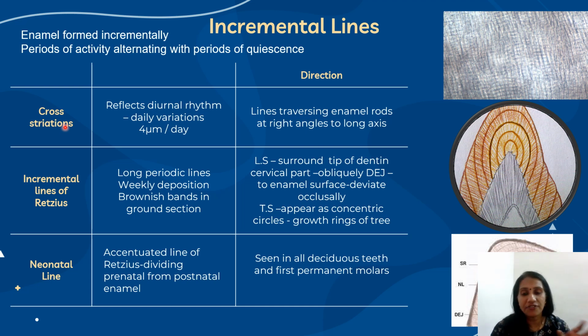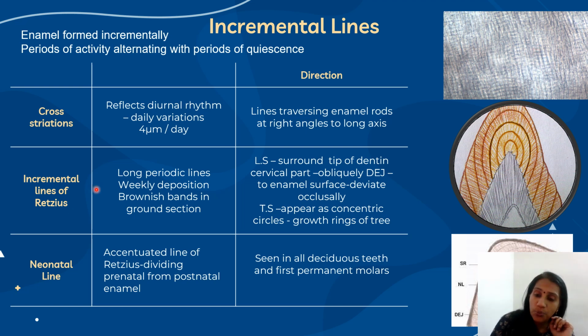That is, after secreting 4 microns per day, it will take rest in a day, and that forms one single cross striation. When you look at the direction of these cross striations, they traverse at right angles to the long axis of the rod. If you see this picture, you can see small black lines perpendicular to your enamel rod. That represents cross striations, which is the resting period of the enamel in one day.